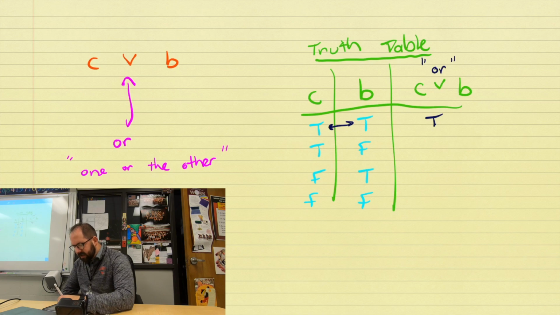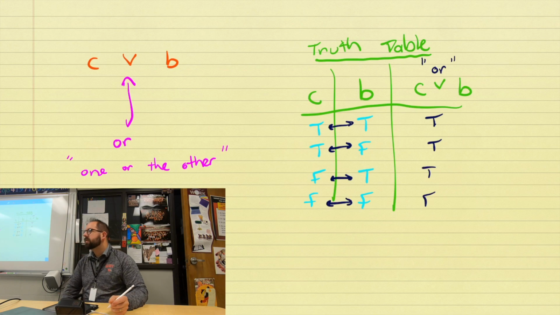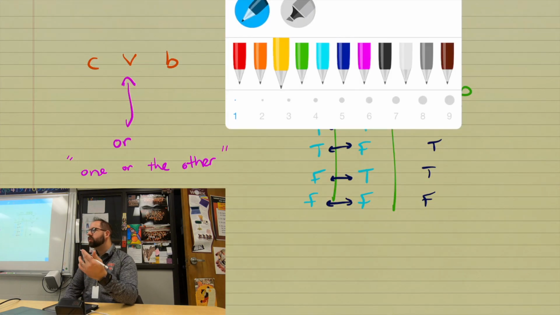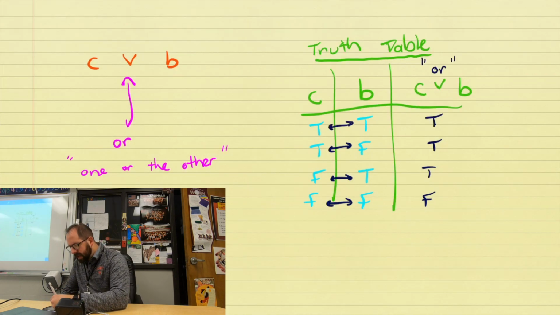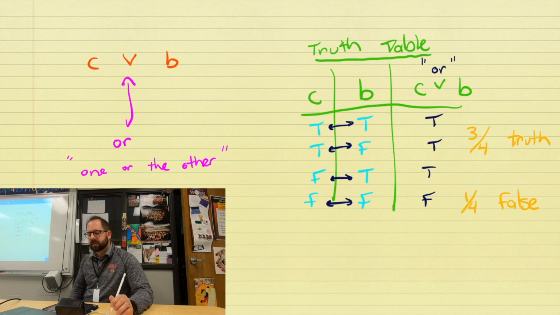Is one of these true? Yes, that's automatically a true. Are one of these true? Yes, so that's true. Are one of these true? No, that's a false. So the mathematical likelihood that this is a true sentence is 3 out of 4. And then there's 1 out of 4 chances that this sentence will be false when I compare both mathematical sentences.